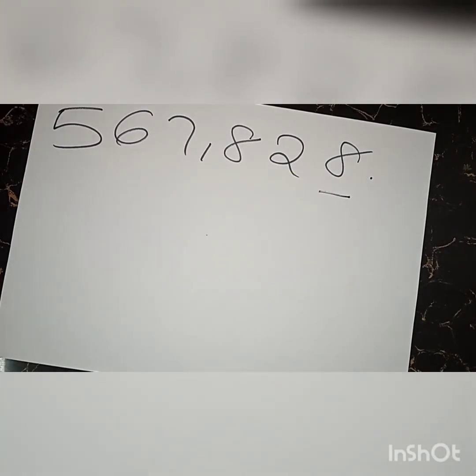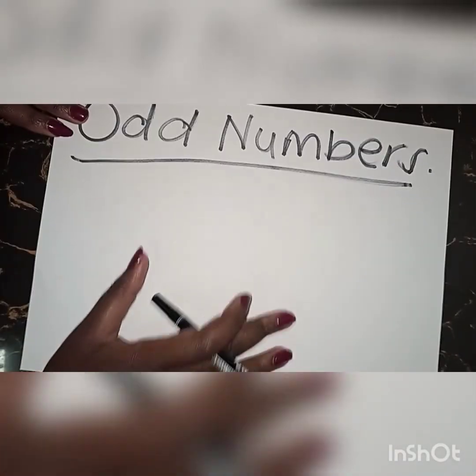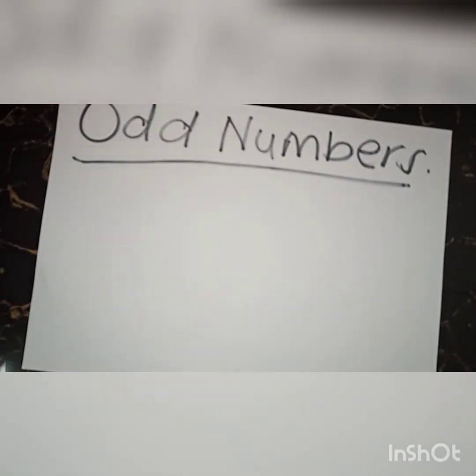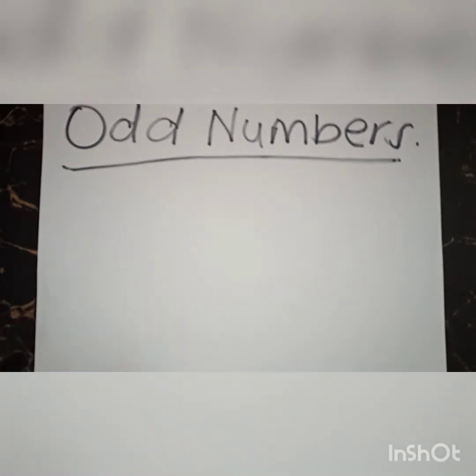So now that we've learned what even numbers are, it's also important to know what odd numbers are, okay? Odd numbers. So what are odd numbers? What gives us the right to call a specific number an odd number?